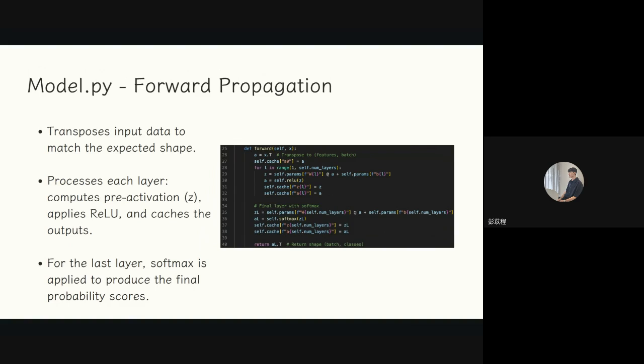Finally, the output layer applies softmax, yielding probabilities for each class, and the method returns the result with the proper shape. This process forms the core of how our model makes predictions. Next page.